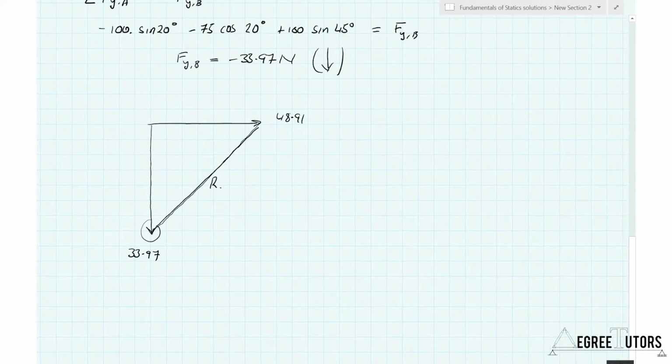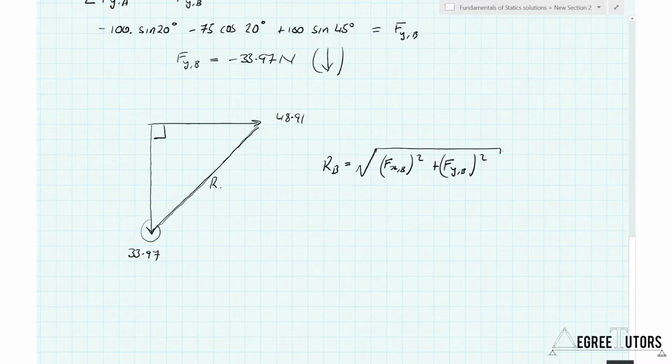So let me see. We have the resultant force for force B is equal to the square root of FXB squared plus FYB squared. Okay, because that's our right angle triangle, Pythagoras' theorem.